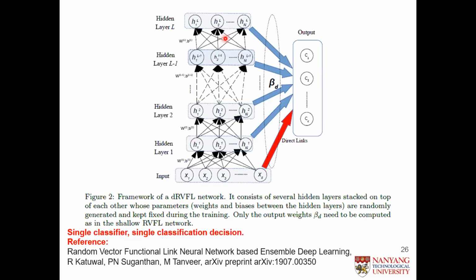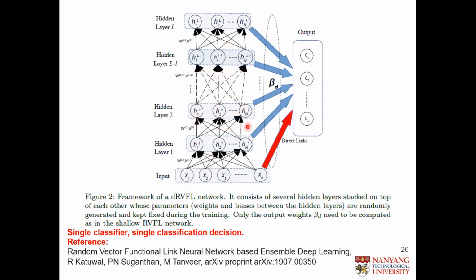I think deep ESN is maybe about a couple of years older than this deep RVFL. So you have the input layer and multiple hidden layers, up to L number of hidden layers, and all these connection weights are randomized.